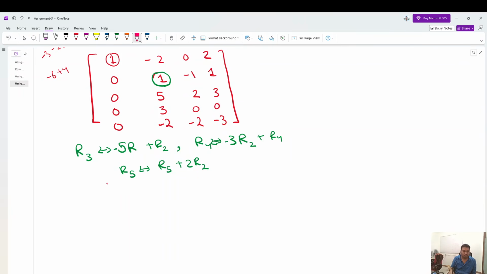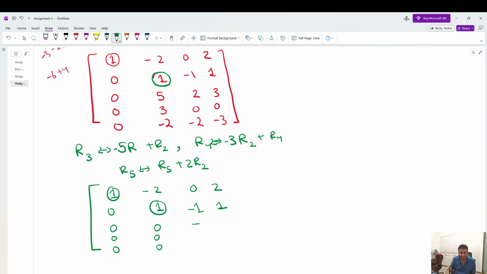Okay. Now, what is this, guys? Again, make a matrix 1, minus 2, 0, 2, 0, 1, minus 1, 1. Okay, now this will be 0, 0, 0. This will also be 0, 0, 0, like you have done the construction, right? So what is this? 2 minus 5 into minus 1, meaning 7.